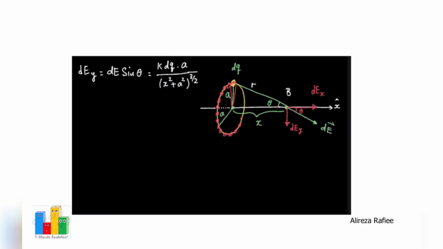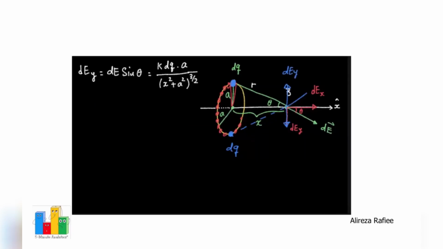Now for the y component, the problem is a little different, because if I pick a dq on one side, then the y component of the electric field would be in one direction. But if I go on the ring 180 degrees away and pick another dq exactly opposite, the electric field component would be exactly the opposite to this dE sub y.